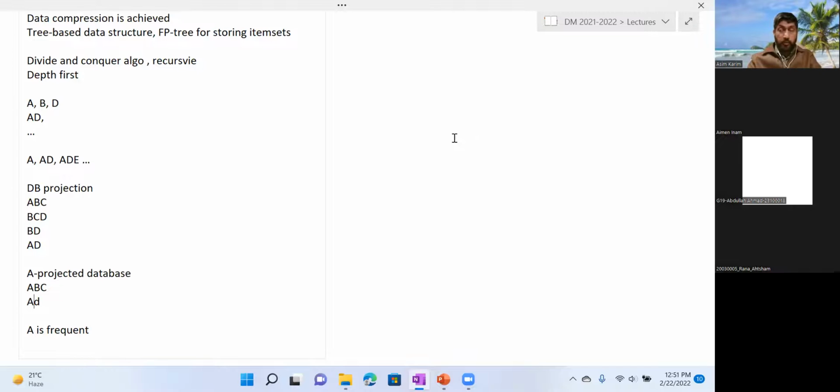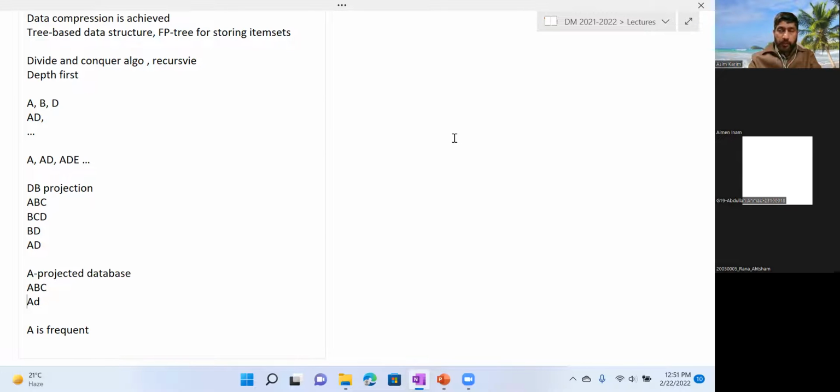If it is 2, then there are no other single items that are 2 in ABC and AD. But if A was frequent, then any other item set that is frequent in this projected database would also be frequent together with A. That is one of the reasons for growth.